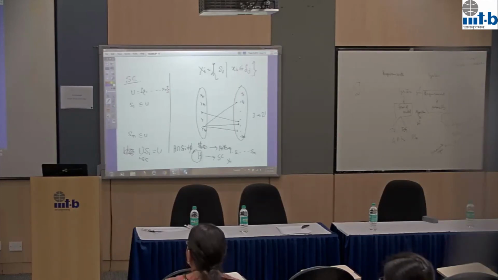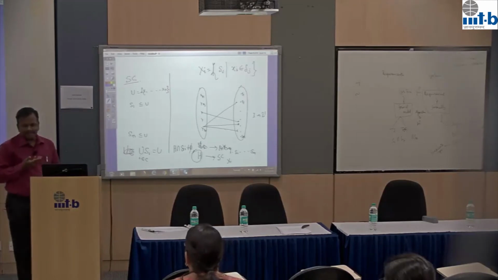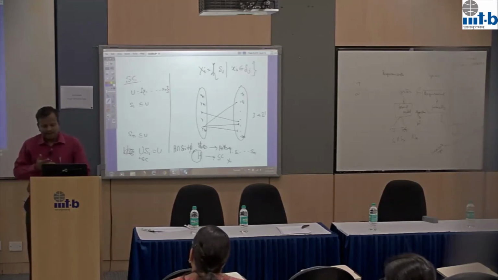Sir, in the hitting set problem, if we consider the sets to be of size 2, then is it the same as vertices? Sets are of size 2. Yeah, that means sets can have only two elements. If the sets can have only 2 elements, it's essentially saying that every vertex has a degree 2 on the left hand side.